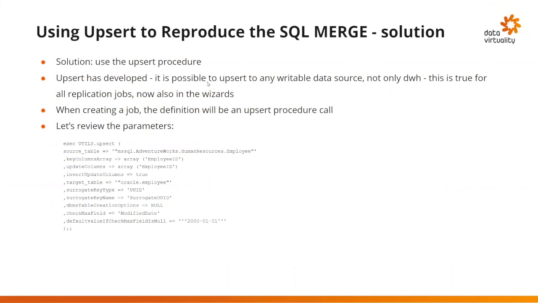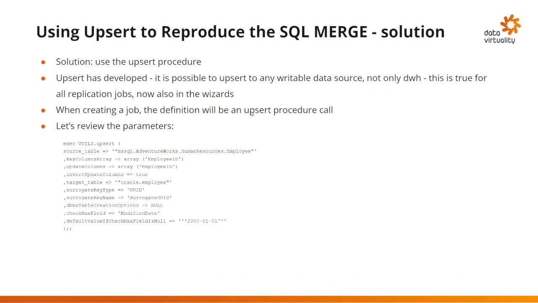All right, so it's possible to upsert to any writable data source, not only DWH, and now also in the wizards. So when we are creating the job, the definition will be an upsert procedure call, right? If you create this with a wizard, you're basically creating a procedure call.